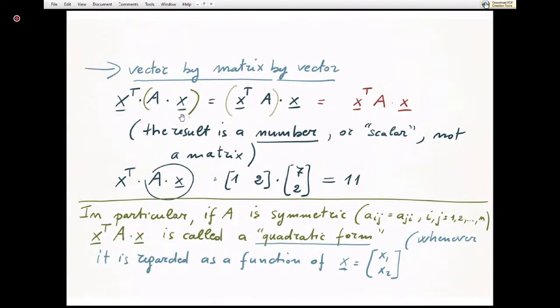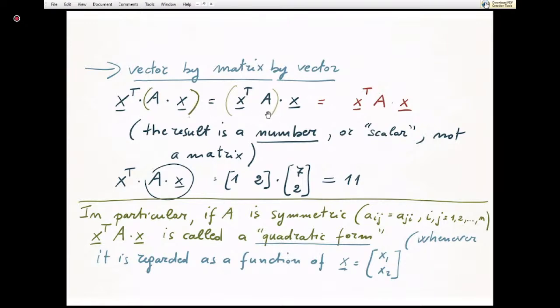It is indifferent, because if I multiply X transpose times the product between A and X, I get the same result as by multiplying X transpose by A first and then the result by X. Why? Because it is a property that holds also for matrices, which is called the associative property.